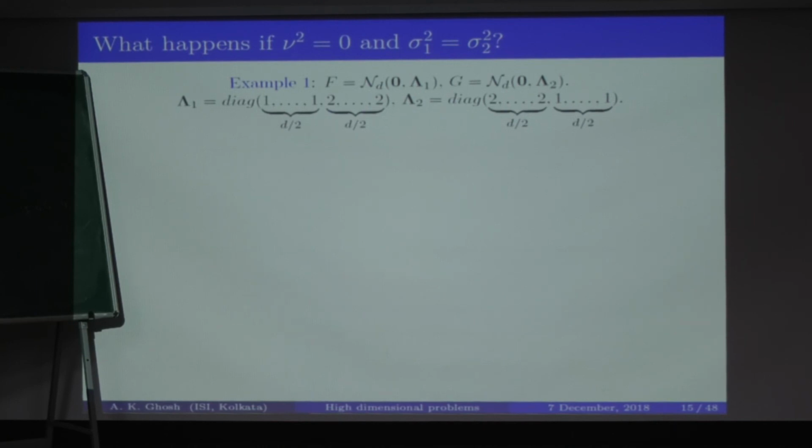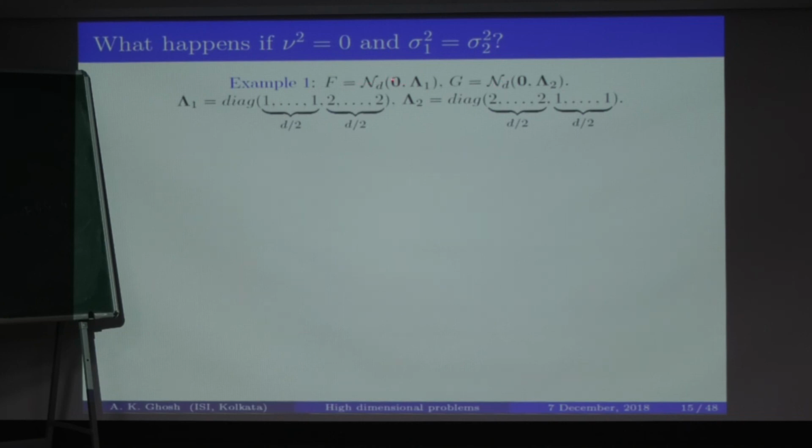So the next question now comes, what happens to these tests when the two populations are at the same location and have the same average variance? So here are 2 examples. Note that the first population is normal, and the second population is also normal.